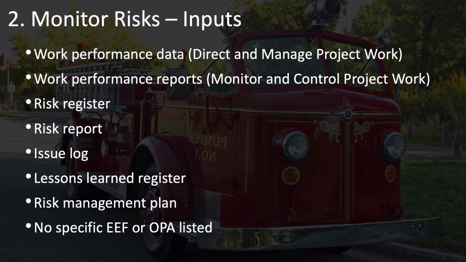Curiously, the PMBOK guide doesn't list any specific enterprise environmental factors or organizational process assets for the monitor risks process. But as you can imagine, there are all sorts of things in your environment that can influence your risks and how you monitor those risks.